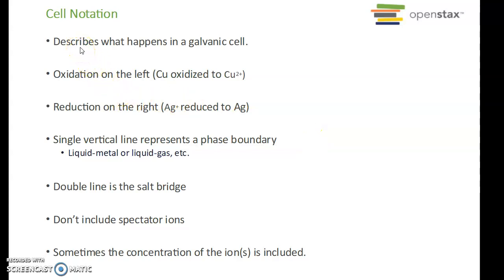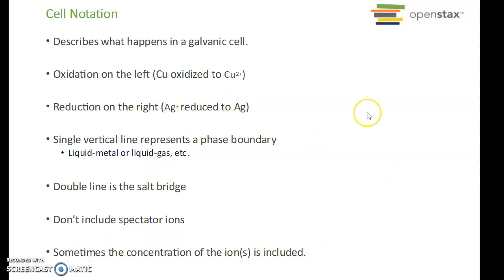What happens describes a galvanic cell. Oxidation is on the left-hand side, and the reduction is on the right-hand side. A single vertical line represents a phase boundary. A double line represents a salt bridge. You don't include the spectator ions, that would be the sodium or the nitrate. Sometimes the concentration of the ions is included.